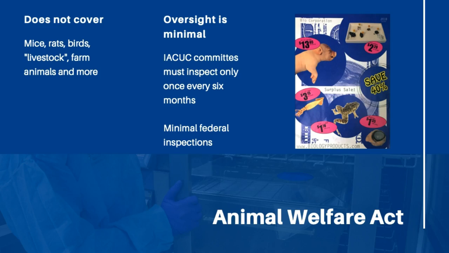Outside of the AWA, the federal government does inspections, however these can be quite minimal. The federal government is currently using something called a risk-based inspection system. In their own words, this system means that it uses several objective criteria, included but not limited to past compliance history, to determine the minimum inspection frequency at each licensed and registered facility.